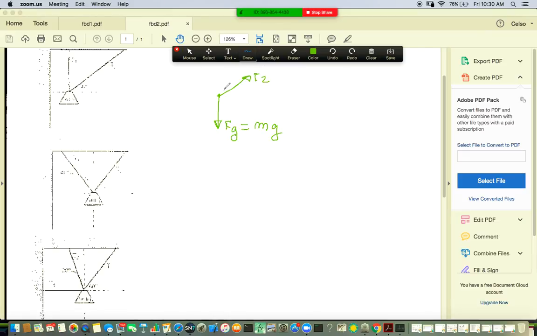And you have a tension T1 up here. So look at the direction of those vectors. So gravity down, T2 somewhat upward, T1 somewhat upward. Now you have to remember your geometry. So what I'm doing is getting my x-axis like that.